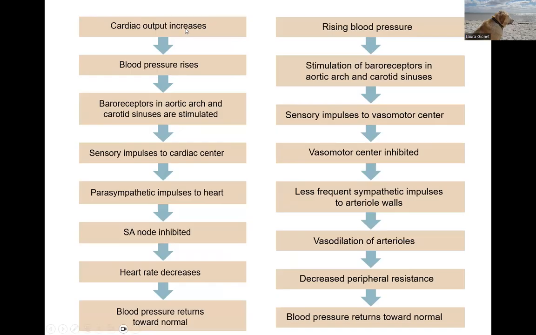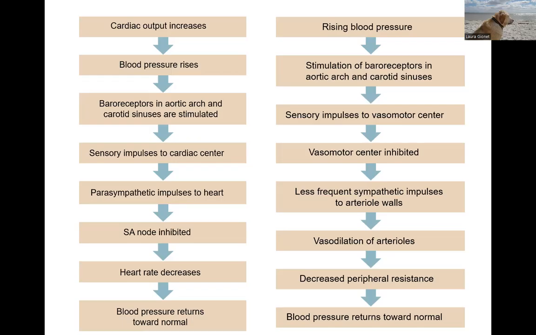And I do like to ask these things, right? If cardiac output increases, all right, then blood pressure increases. All right, now, as a consequence of that, the baroreceptors in those locations are stimulated and they start sending more impulses to the cardiac center, in the medulla oblongata and in the brain. The parasympathetic response is going to carry impulses to the heart.